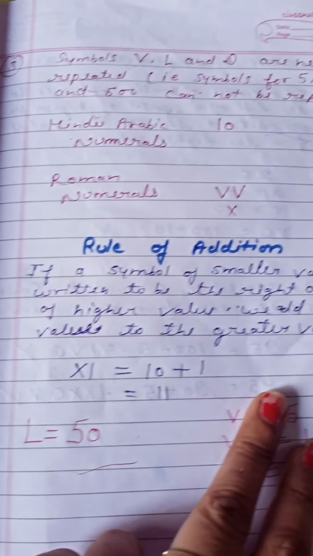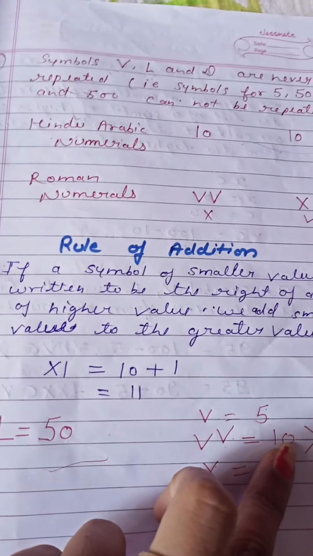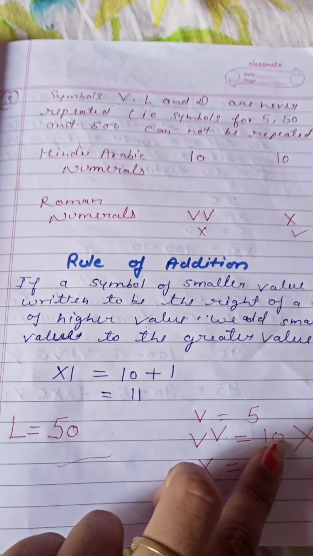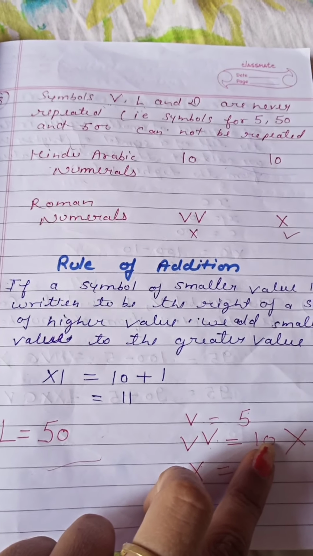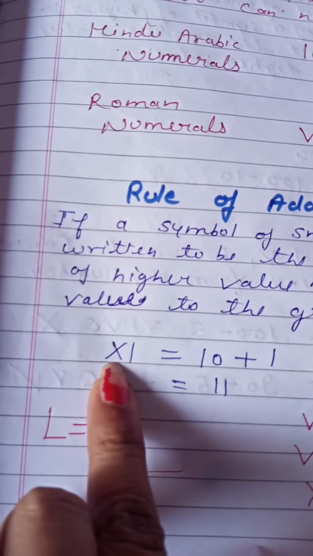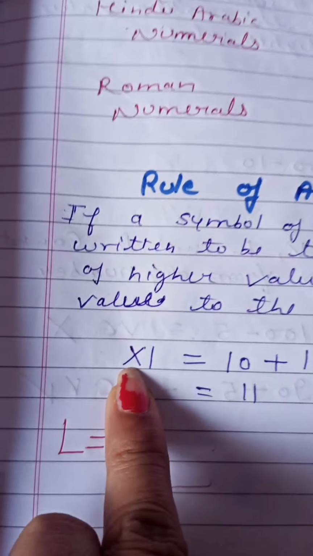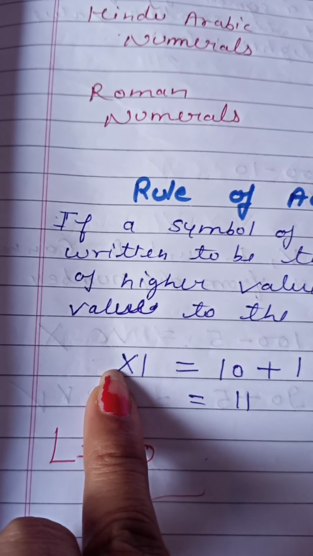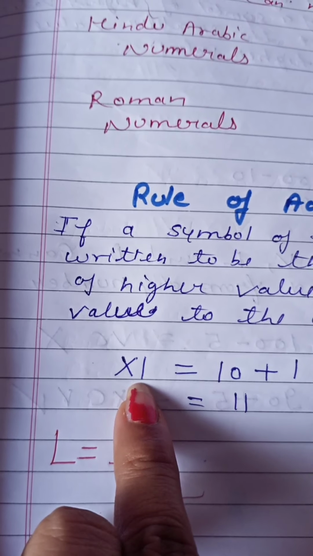Now rule of addition. If a symbol of smaller value is written to the right of a higher value, we add the smaller value to the greater value. Listen again. It is symbol X and I. X is equal to 10, I is equal to 1.